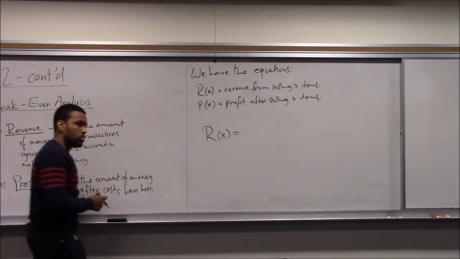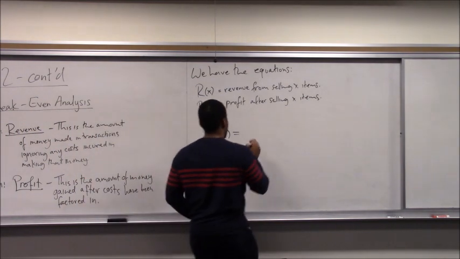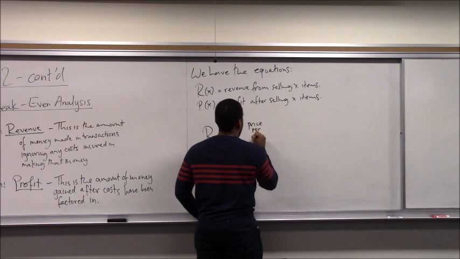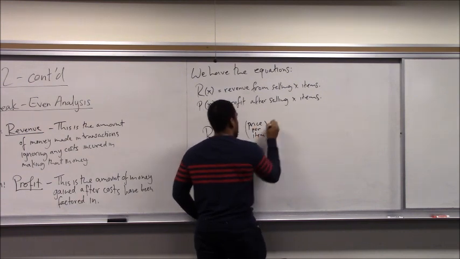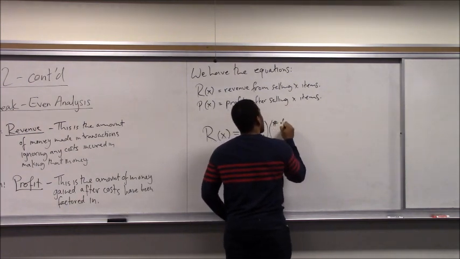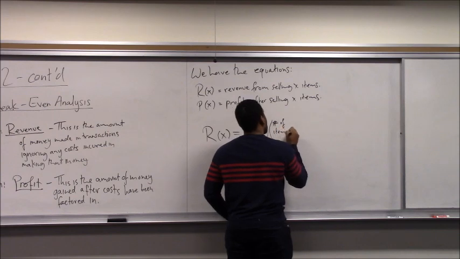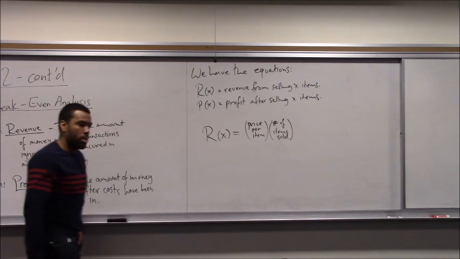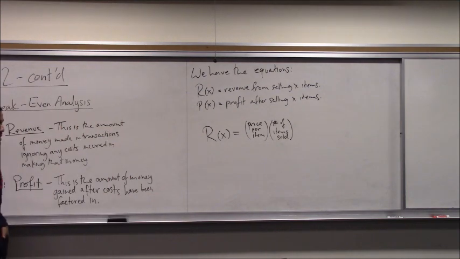Yes, the price you're selling it for times the number of items sold. Right. Price per item times the number of items sold. This is just a simple multiplication. If I'm charging $2 for a product and I sell 10 such products, I would have made $20 revenue.